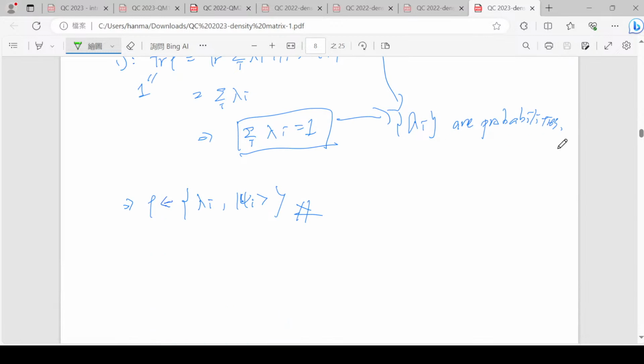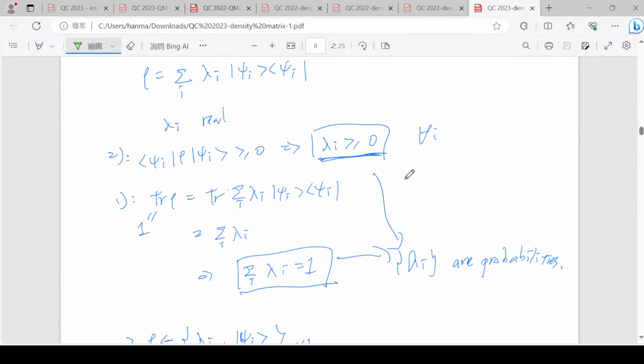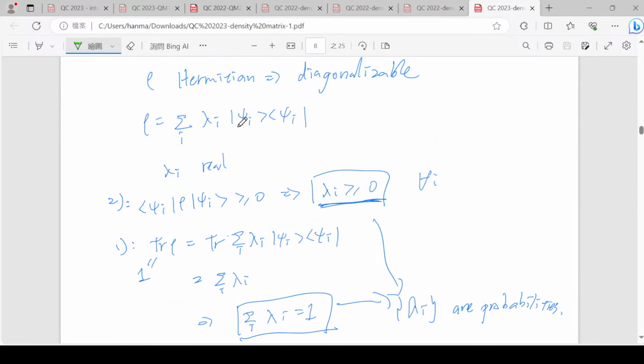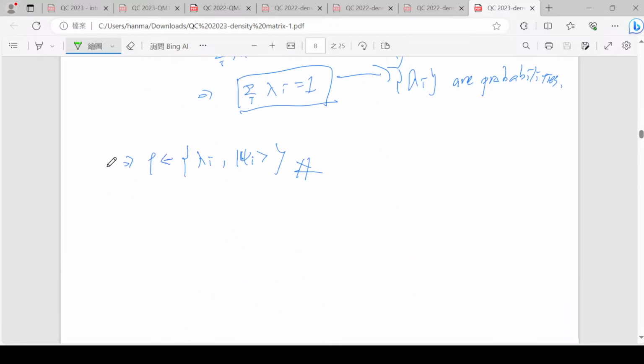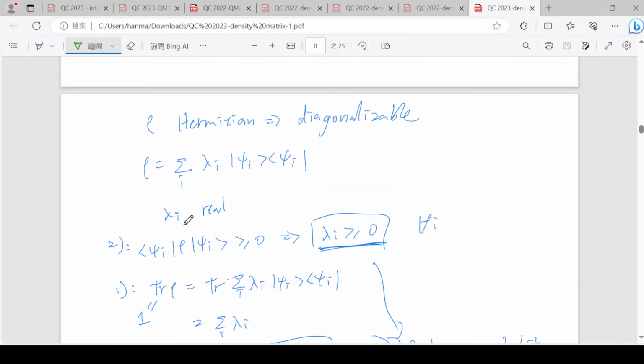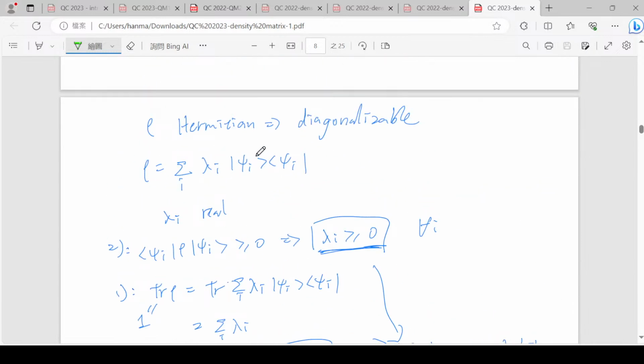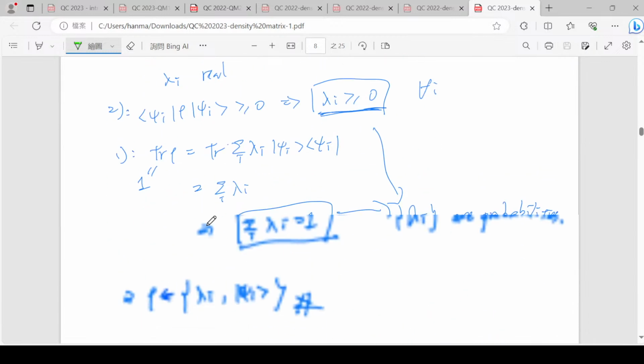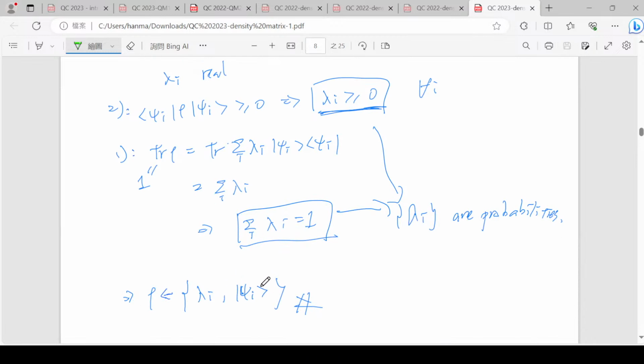Then the lambda_i are probabilities, so you can just see lambda_i as pi, and all those psi_i are your ensemble elements. Basically you diagonalize your rho, then the eigenvalues are probabilities, and the eigenvectors are your ensemble vectors.